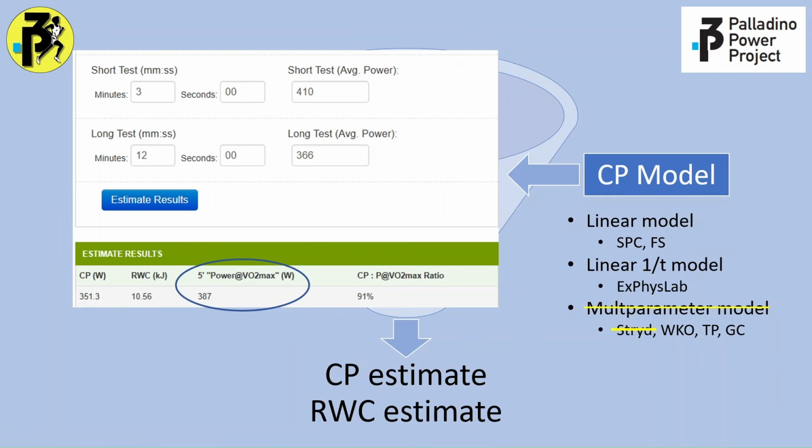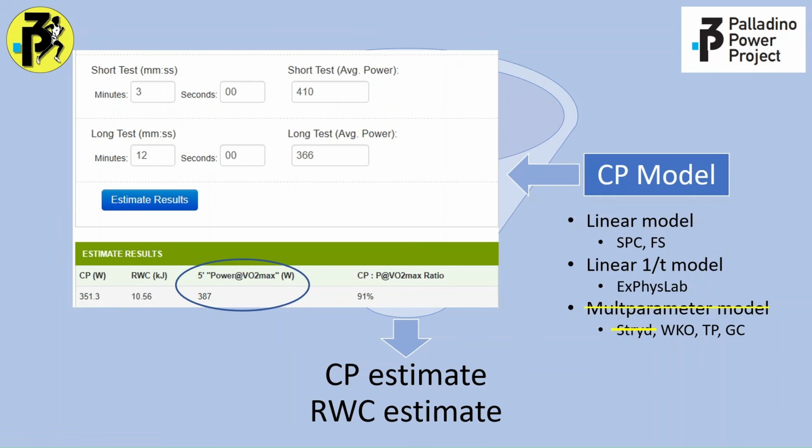So you're not going to be running 387 watts for 5-minute intervals unless you're only doing one. But nevertheless, utilizing the CP and reserve work capacity estimates from that 3-12 test in the models, we're able to estimate approximately what power at VO2 max is.